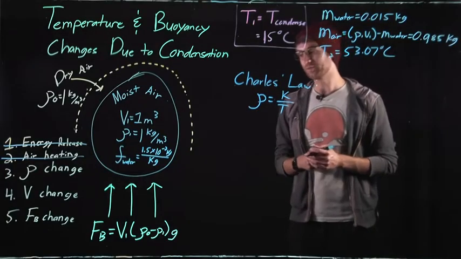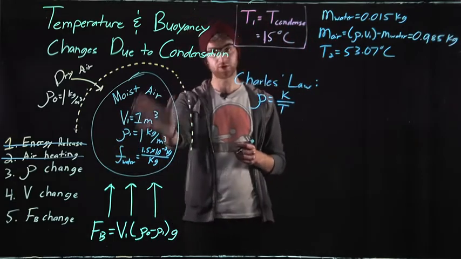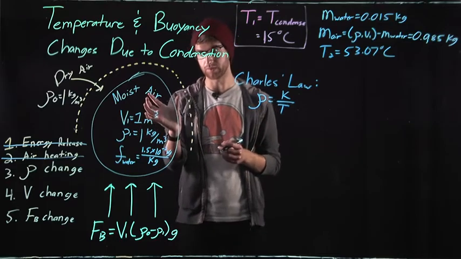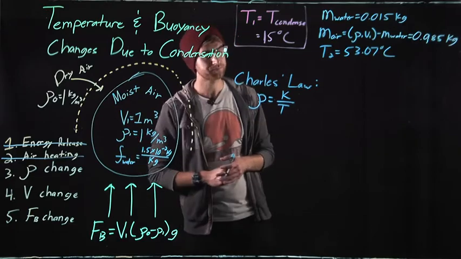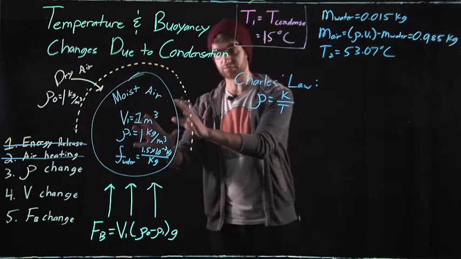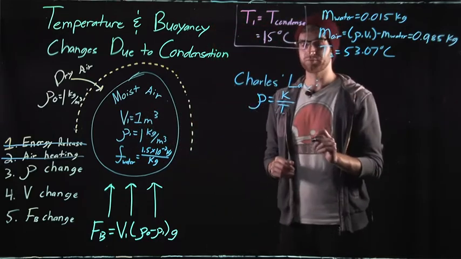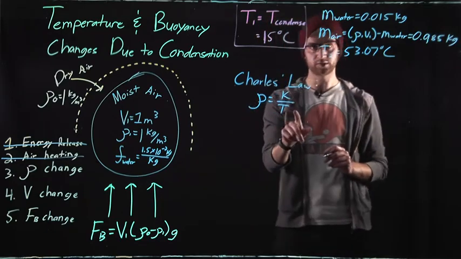Now we want to determine the density change of this parcel of air due to condensation, both due to the loss of the moisture in this parcel of air, but also the change in temperature. So to determine the new density of this parcel of air, we're going to use something called Charles' law, which basically says that density equals some constant K divided by temperature.